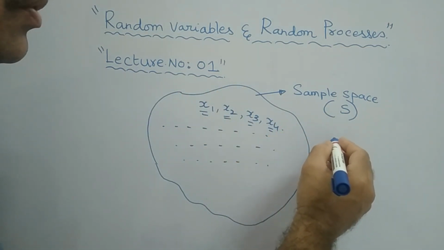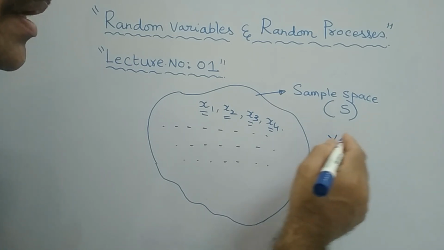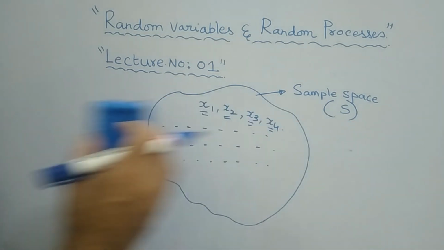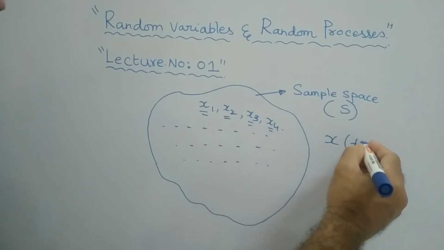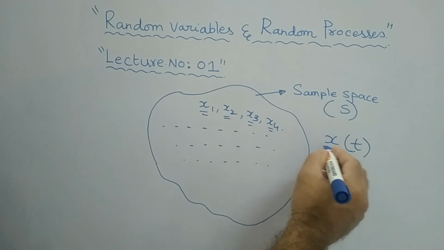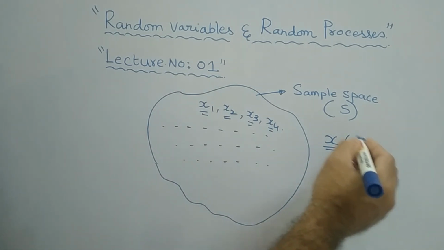Say for example, if I further explain, let us write a small x of t for your understanding. What does it mean? Here x is a function, whereas t is an independent variable.